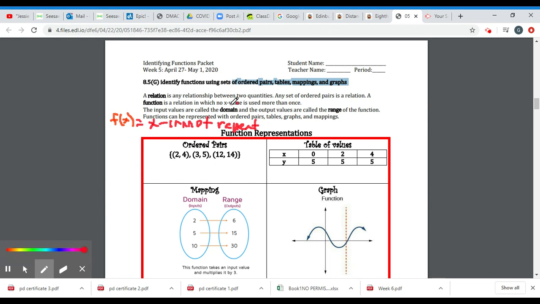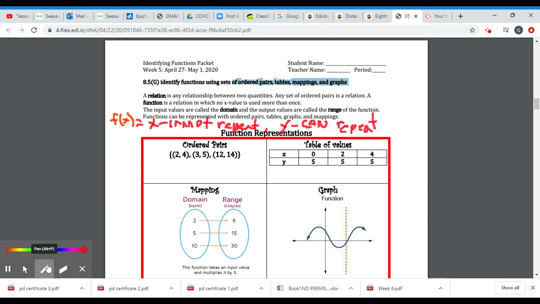Now, my y can repeat. It doesn't matter how many times. You could use the same y every time, and that's okay. The y can repeat. So now that's about the main part of it that we need to remember.